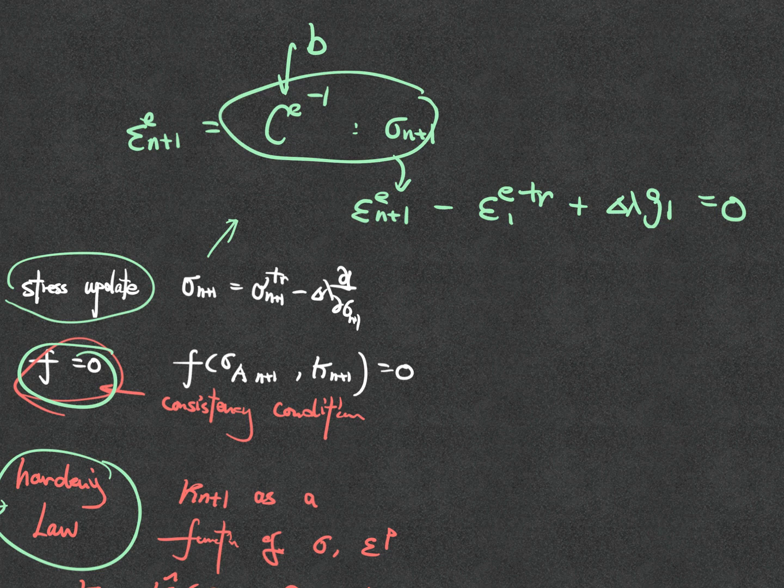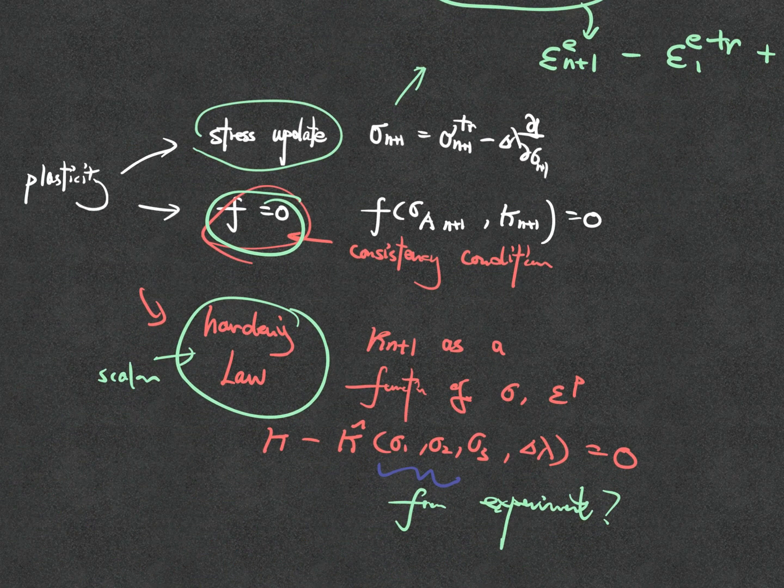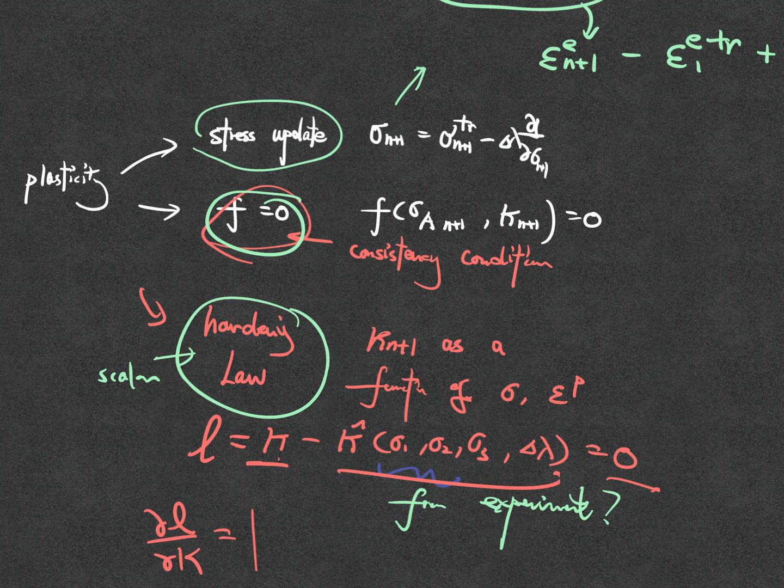And eventually, what I would actually have is a system of equations that are coming from these three ingredients. Okay, and what are they? I would call this L, which tells us how the hardening behaves, so that this minus this equation equal to 0. When this L takes a derivative with respect to kappa, this actually gives me 1.